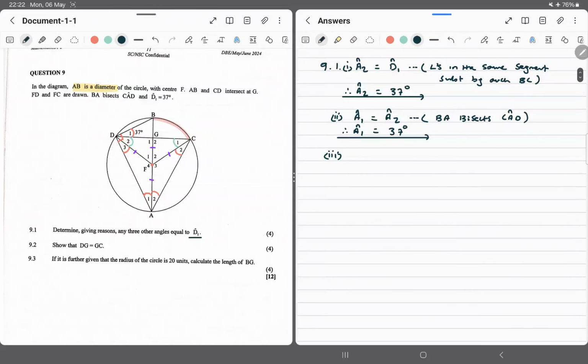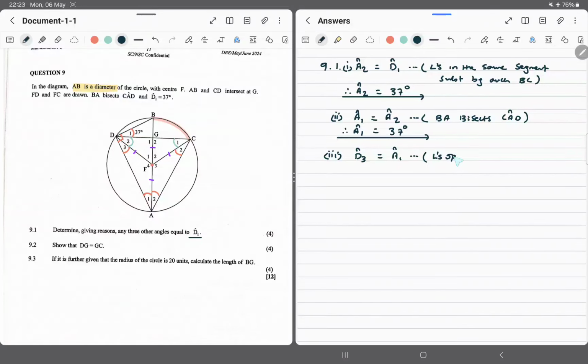We can say here, we also know without a shadow of a doubt that basically D3 is equal to A1. Okay, what is the reason here?